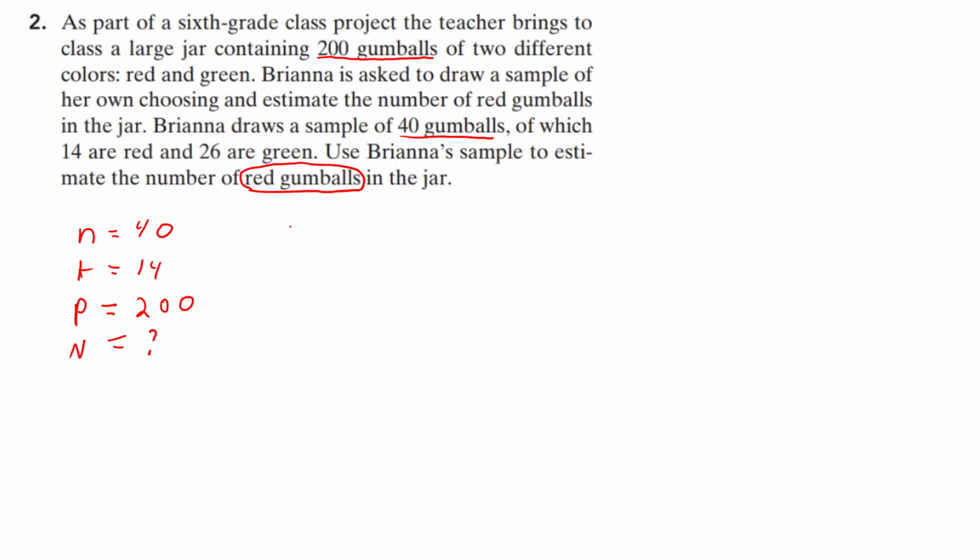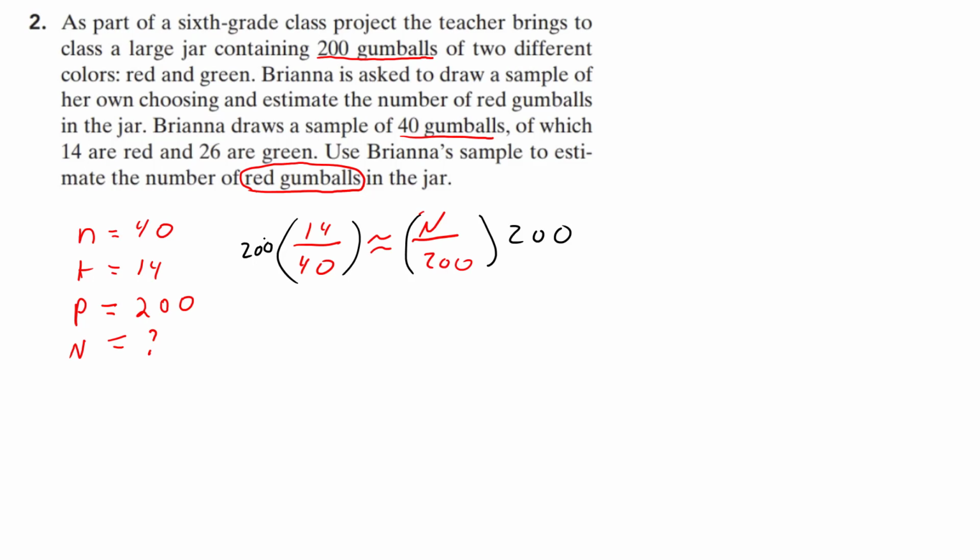And so the ratio of 14 to 40, there were 14 red gumballs in our sample of 40, should be the same thing as the ratio of red gumballs, which we don't know, to the total population, 200. By multiplying both sides of this equation by 200, we get an approximation.